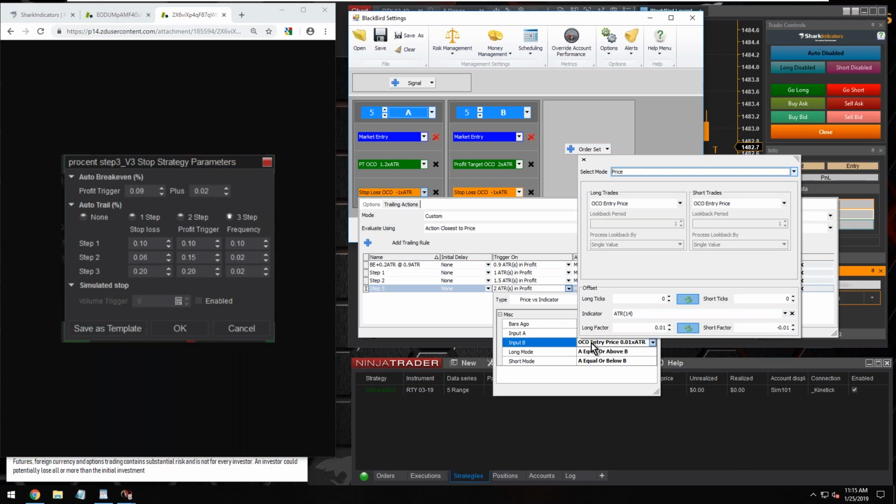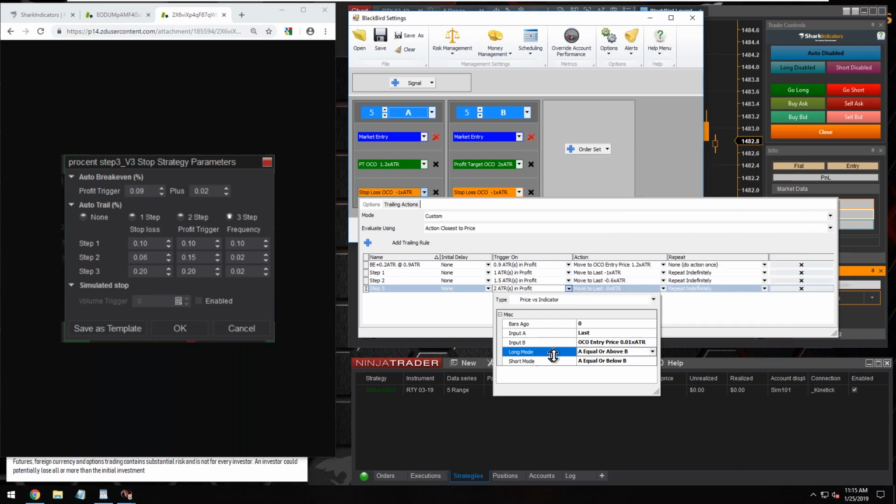We're taking the entry price plus your percentage offset, so that calculates a price that you're looking for, which is your profit. Once the market reaches that price, that means the market's reached that percentage of profit, and that would trigger the long condition.